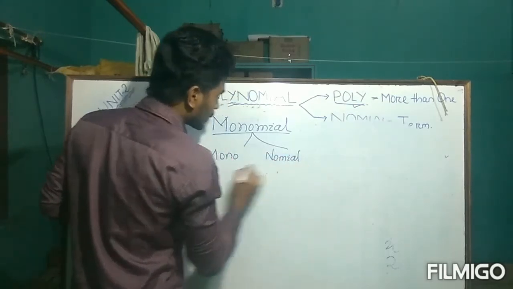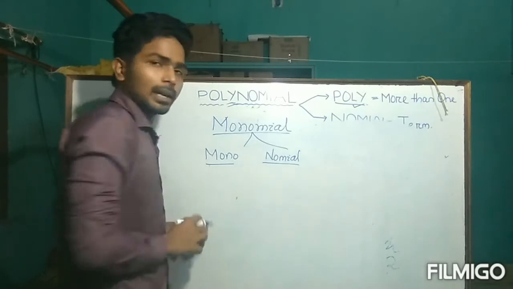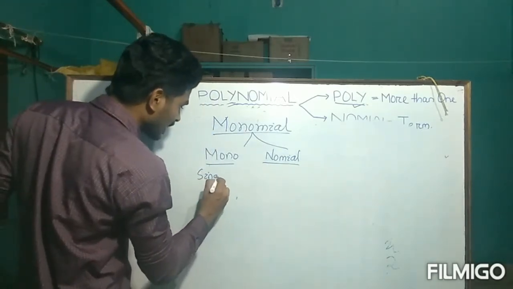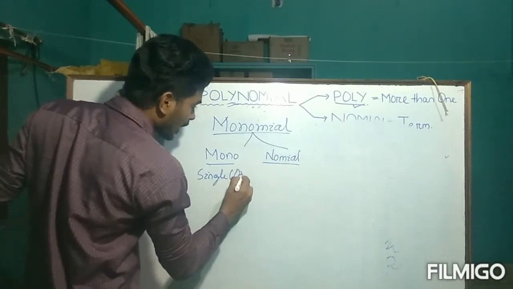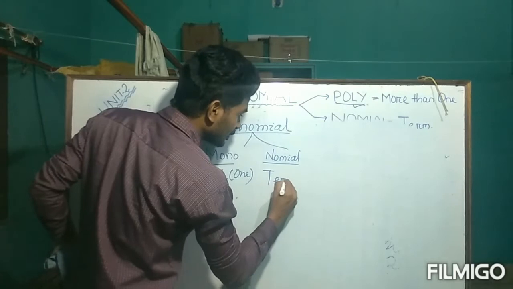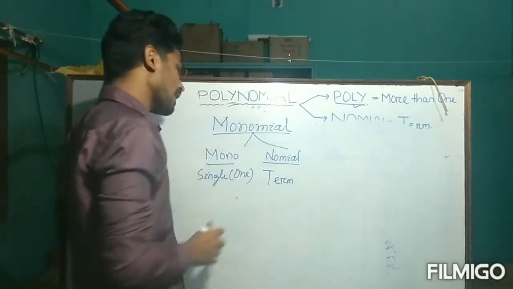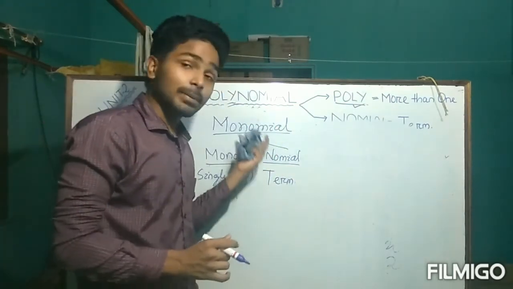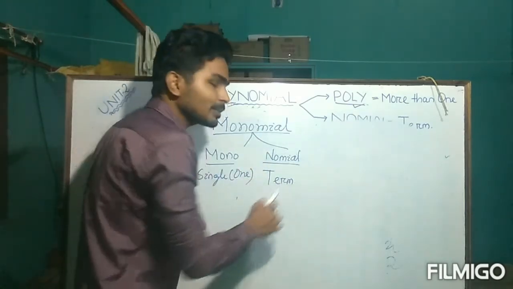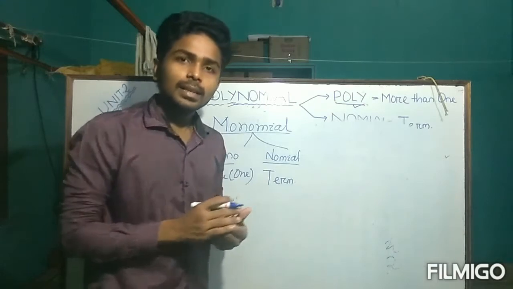These two are combined together to give monomial. Mono means single, or one. And as we know, nomial means term. So what is a monomial? Any algebraic expression which contains only one term is called a monomial.